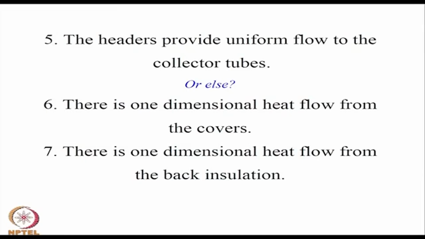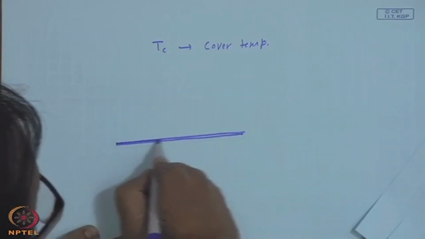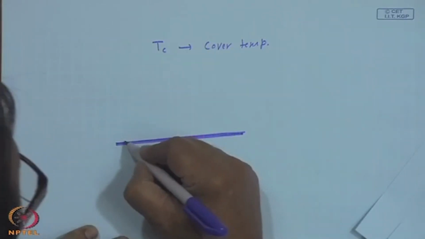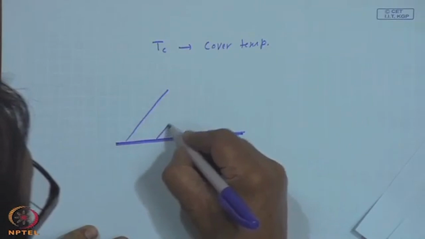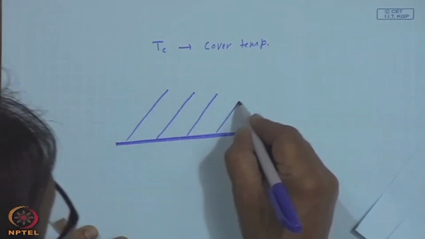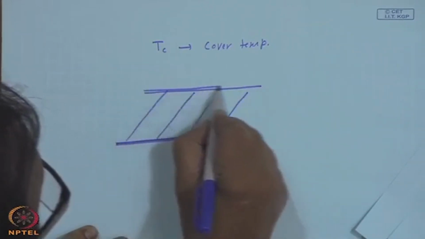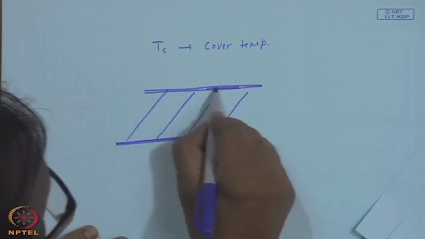The headers provide uniform flow to the collector tubes. Now, I shall simplify this. This thicker line is my header and these thin lines are my risers. They are connected over here like this. Again there is another header.